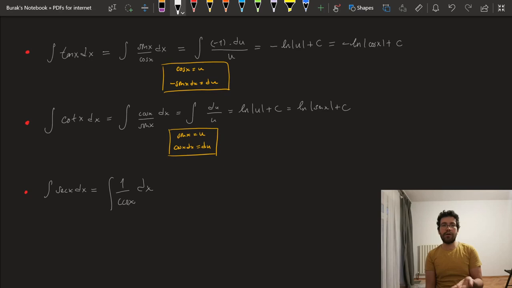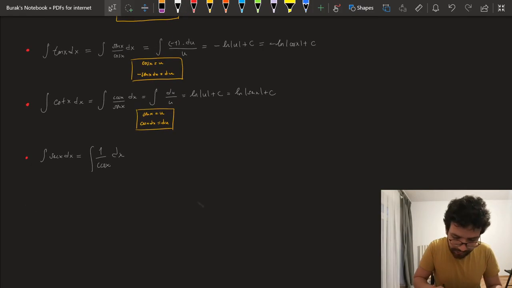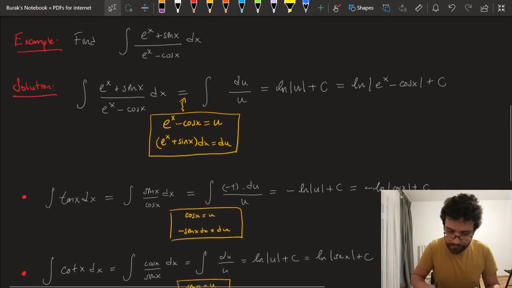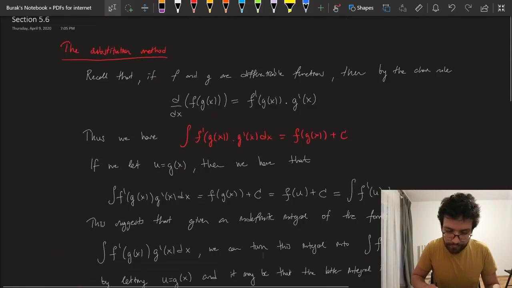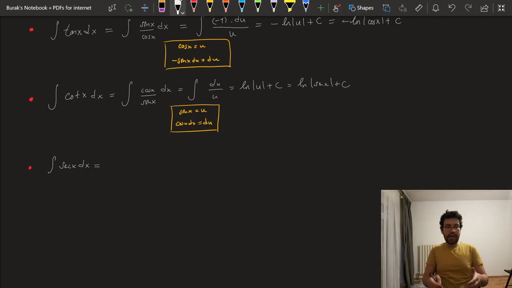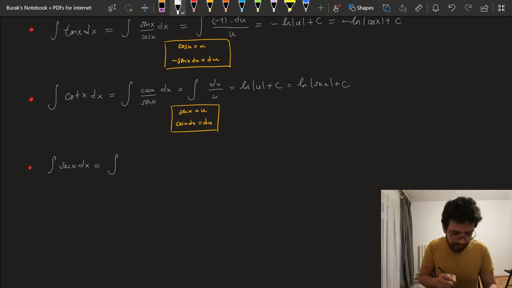There's only one thing, cosine, but then I don't see minus sine x dx in here. So what am I going to do? Here is a trick which is used to get the integral of secant. I'm not expecting you to come up with such things off the top of your head. This is a very smart trick that some smart people discovered.